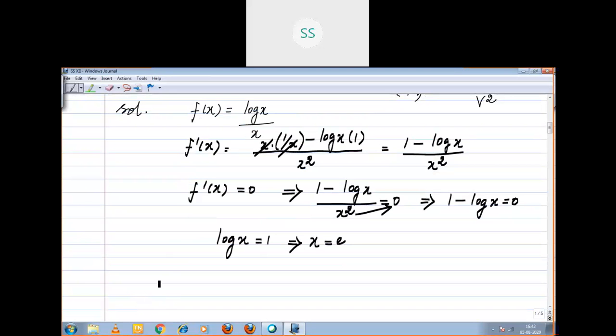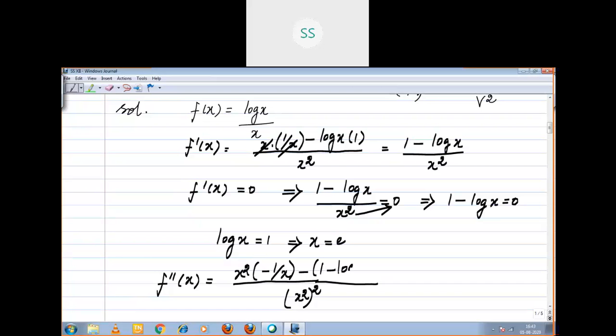Now, second order derivative. f double dash of x equal to. Here also you are going to apply the same u by v derivative. x square, the whole square. Here x square into minus 1 by x. Am I right, children? 1 is a constant, it will act as 0. When you differentiate log x, you will arrive at 1 by x, so minus 1 minus log x.